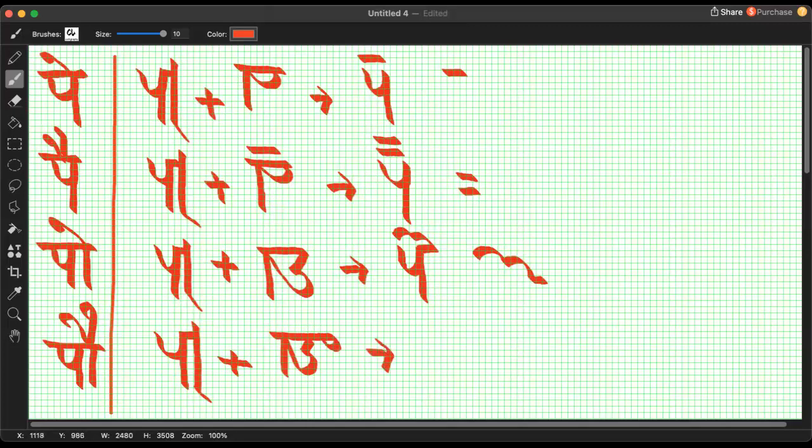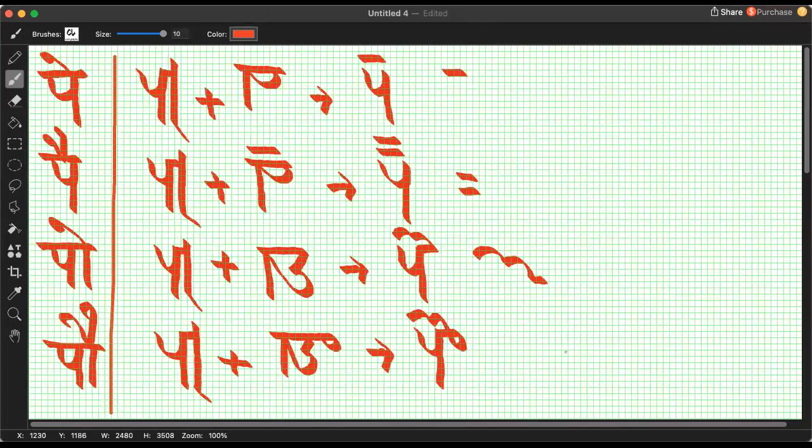If you're adding this to per, we'll first write per. And on the left side, draw a small line. Immediately make a round here. And then gently lift it up and make this kind of a shape, a tilted M. This is pow.